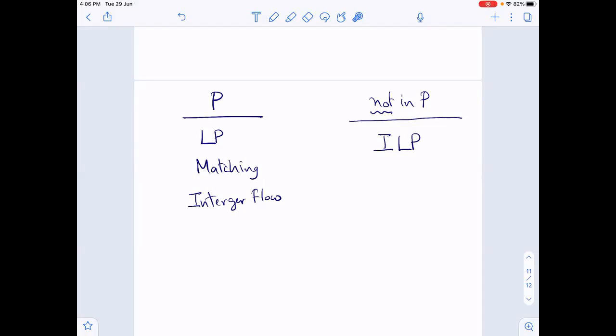So from the point of view of people who just want to use algorithms for their own future work, job, research, whatever, not in terms of working in the field of algorithms, this is the very important thing to know.